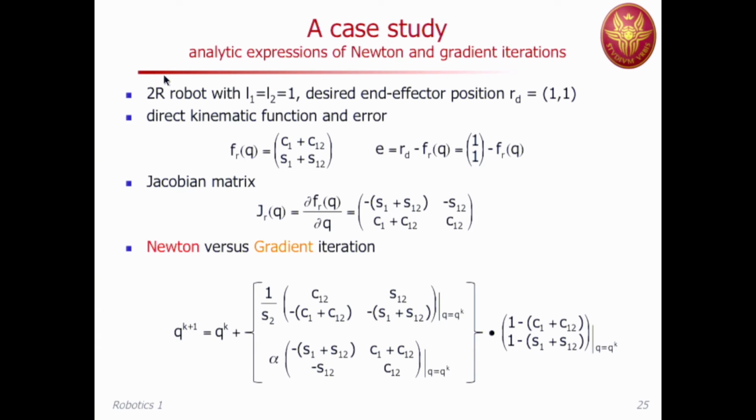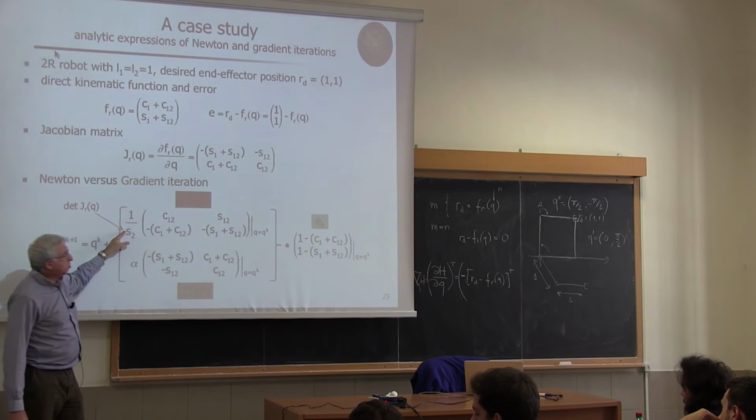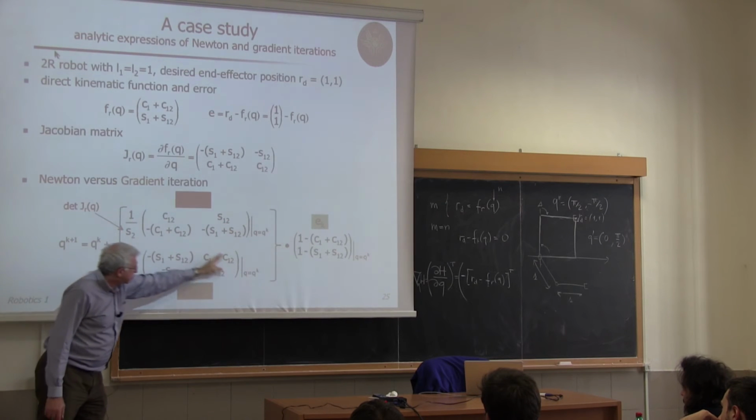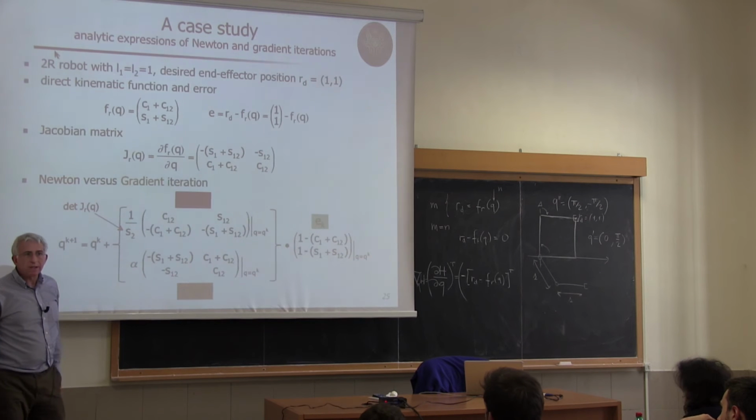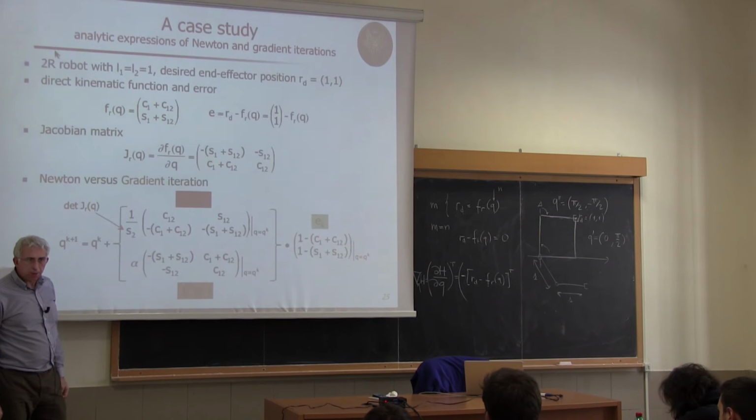So it's the previous version, plus here on top, you have the expression of the, you don't see anything. Anyway, here this is the inverse of the Jacobian, and this is just the transpose of the Jacobian with the factor alpha in front. Okay?